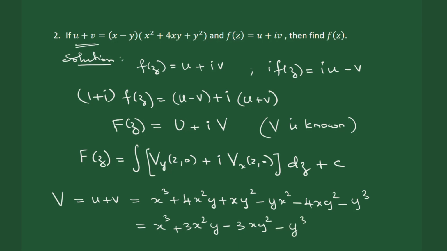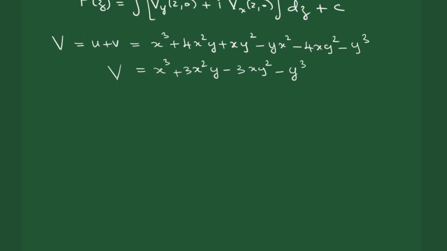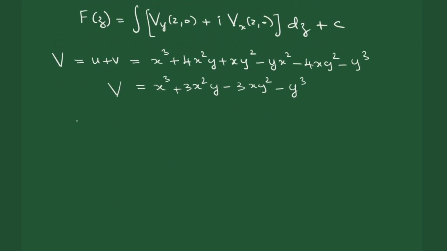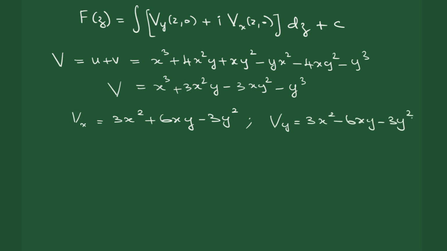Apart from that, minus y cube. Now this is capital V. We want Vx and Vy, so we partially differentiate with respect to x and y. Vx is equal to 3x square plus 6xy minus 3y square. Similarly, Vy is 3x square minus 6xy minus 3y square.